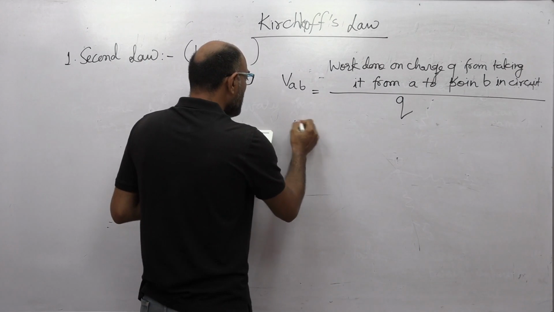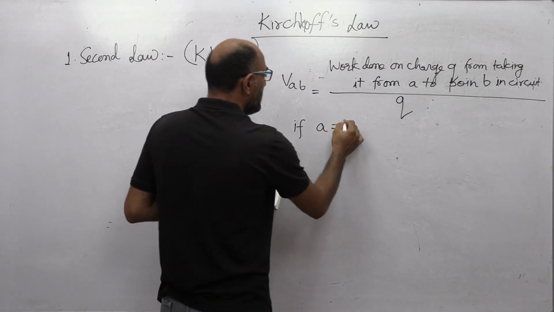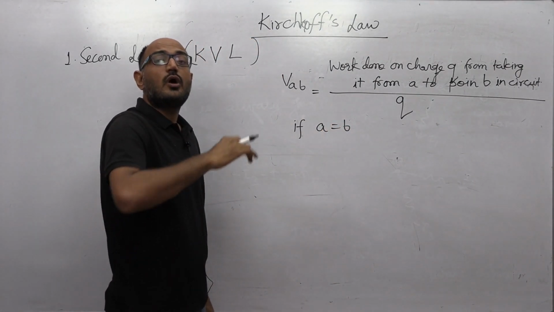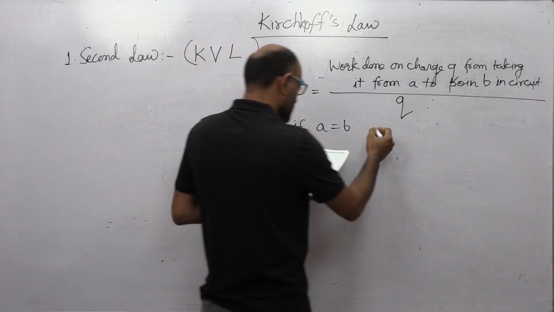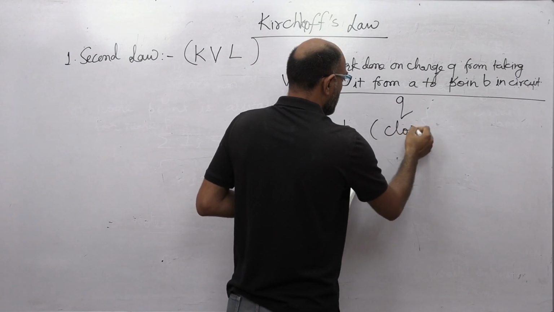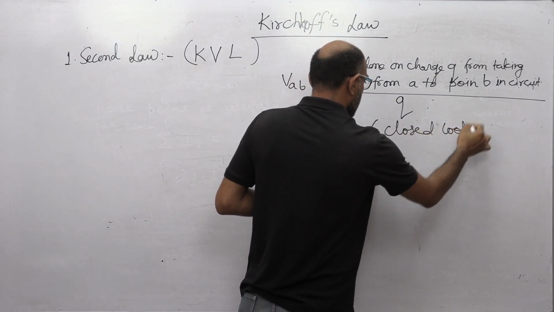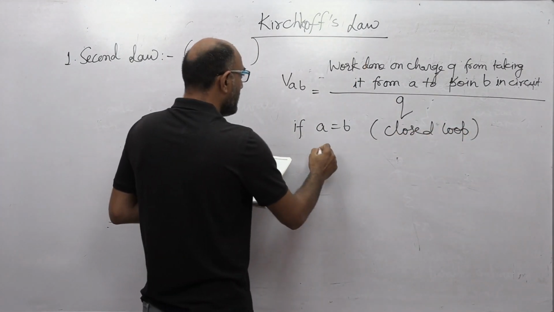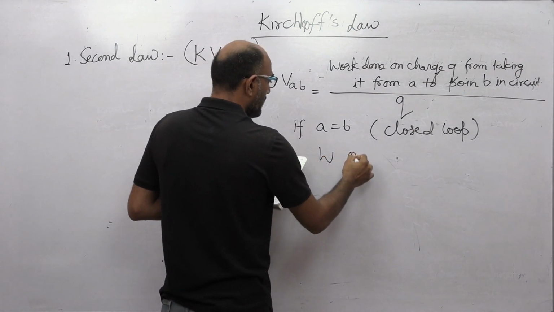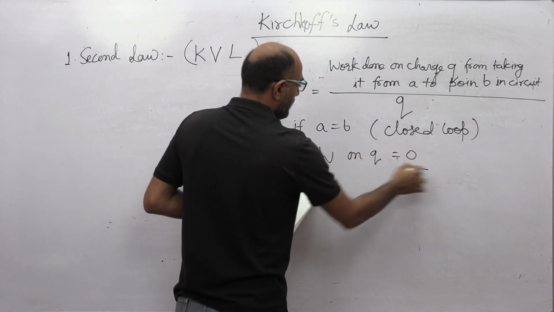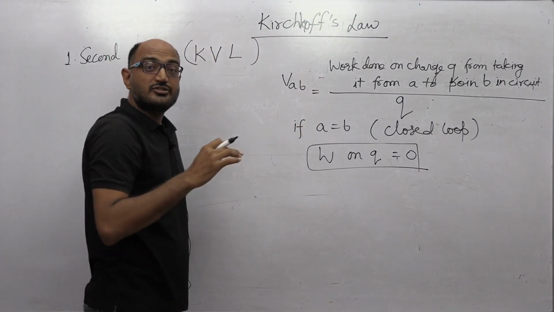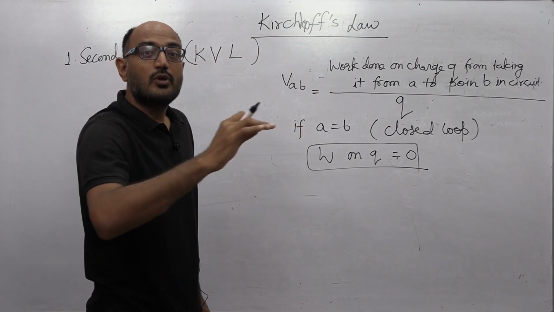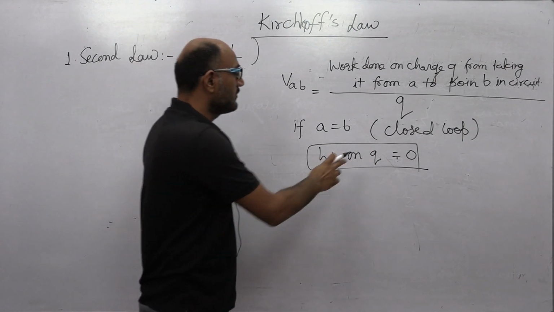So if now A equal to B, means you are moving in a circular loop or a closed loop. Then W on Q equal to 0. Work done on a charge Q in moving through a closed loop is 0.